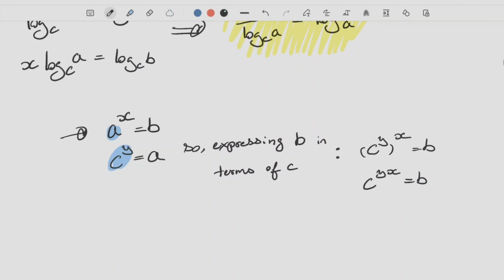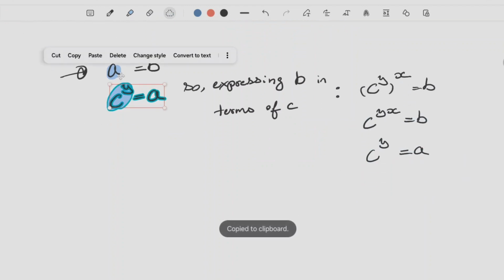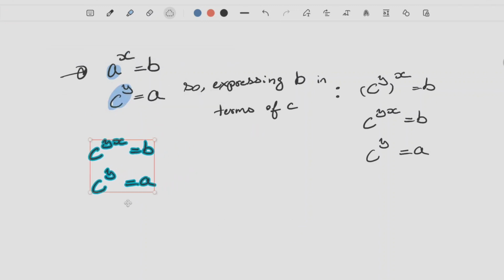Once again, we got our a in terms of c. So if we look at our exponents, they're telling us how much c do I need to get b? How much c do I need to get a?